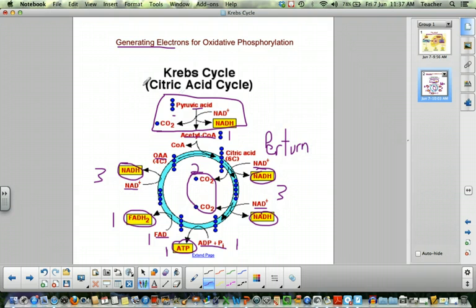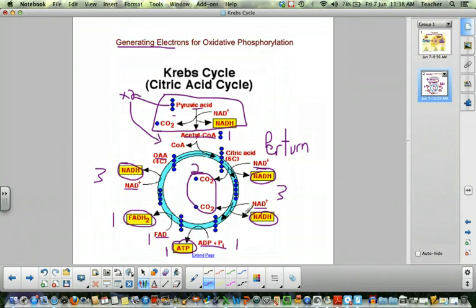But remember, we actually created 2 pyruvates or pyruvic acids during glycolysis. So how many times does the Krebs cycle turn for 1 glucose molecule, which remember is what we started with? Well, the answer is the Krebs cycle turns twice.